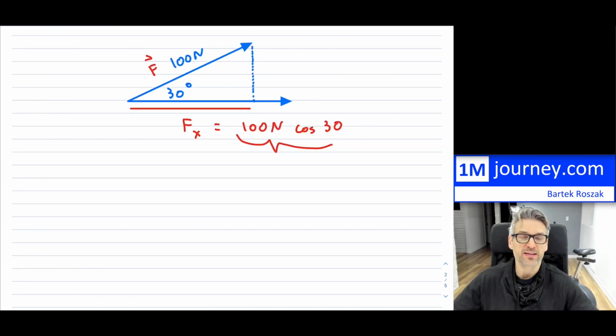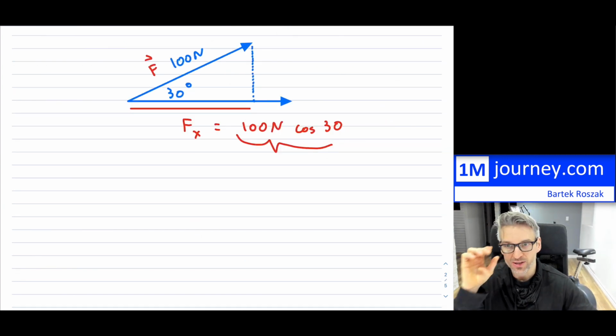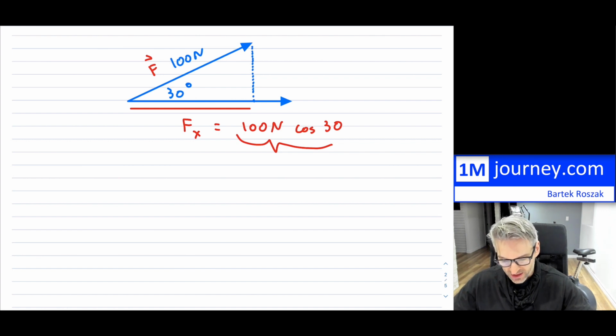Now, one other thing that I would want to mention is that the definition for work from physics does bring about something very interesting, because the dot product that we have can possibly be 0, right? If the angle in between is 90 degrees.